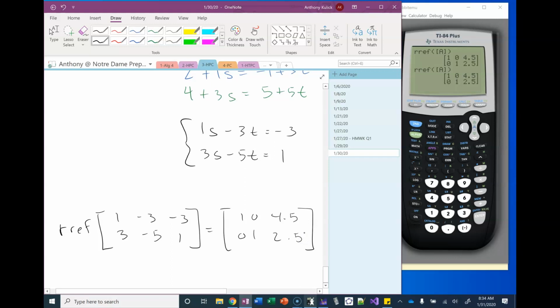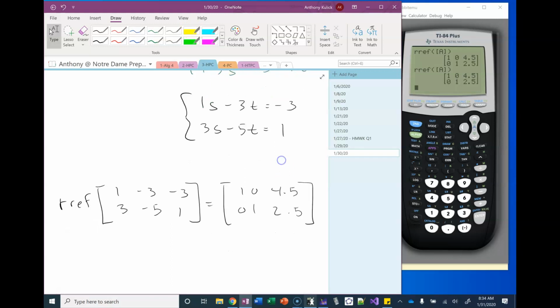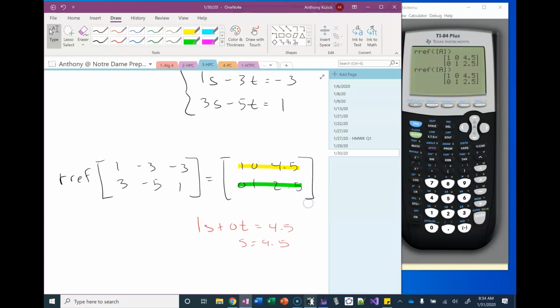Okay. So what does this tell us? This first row represents the equation 1s plus 0t equals 4.5, or just that s is 4.5. The second row says 0s plus 1t is equal to 2.5, or just that t is equal to 2.5.